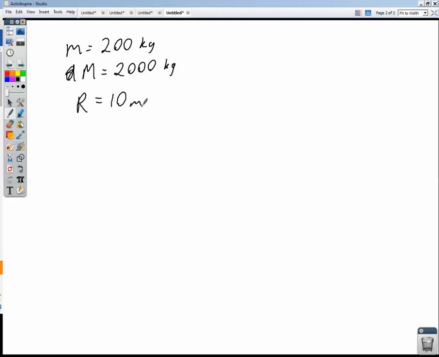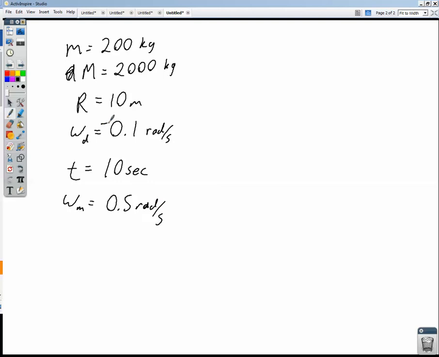And let's go ahead and say that omega for the disc, after all is said and done, is 0.1 radians per second. And let's say that the time it takes for the motorcycle and the disc to get up to speed is 10 seconds. So that means omega for the motorcycle, as we calculated before, is 5 times omega for the disc, so he's going to be going at 0.5 radians per second.